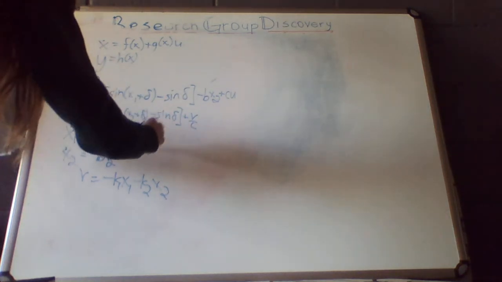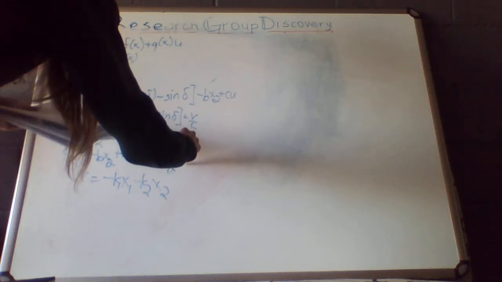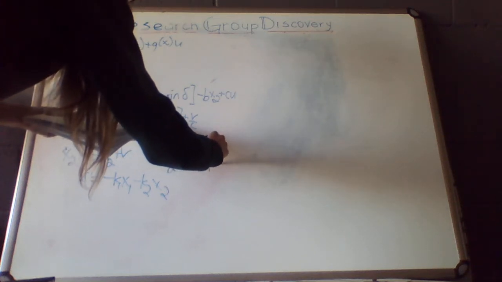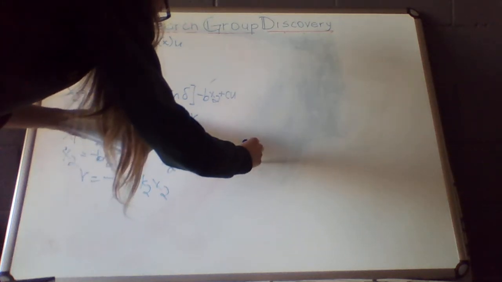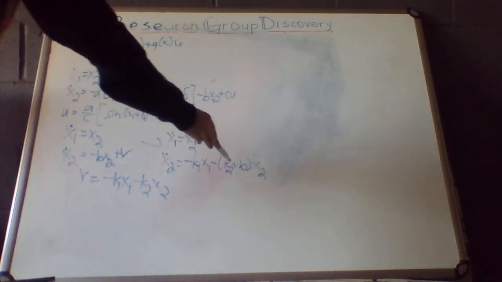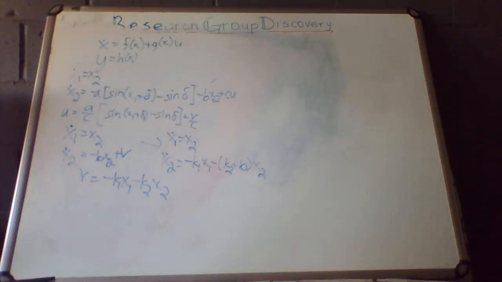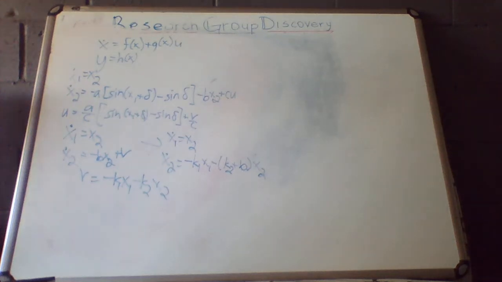This would give you x1 dot is x2, and x2 dot is negative k1 x1 minus (k2 plus b) x2. Then you choose k1 and k2, which are in your v, so that the eigenvalues of this resulting system have negative real part. That's really nice if I want to, quote unquote, quickly design an asymptotically stable controller.